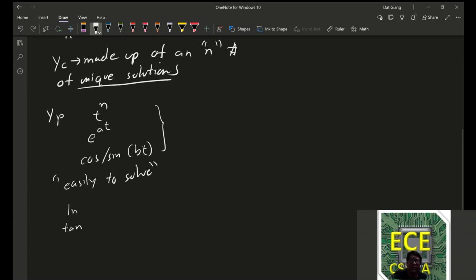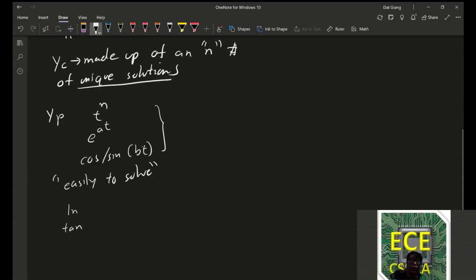tangent, any function that isn't continuous everywhere, then we have to solve it using a different kind of method, which will not be discussed here, but is simply to show you that the particular solution really depends on what kind of right-hand side we are given.